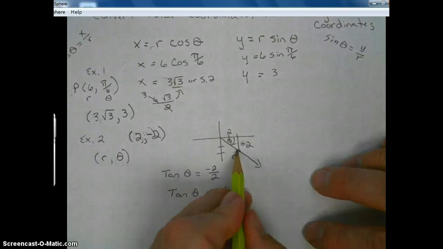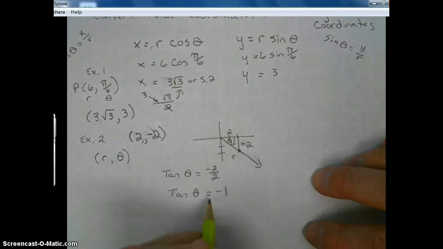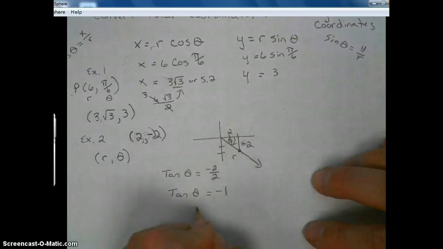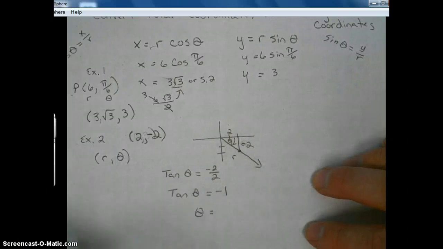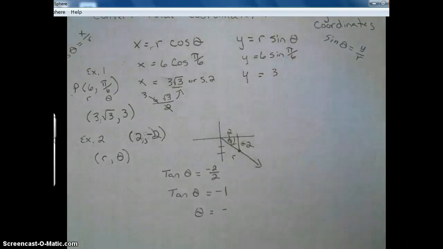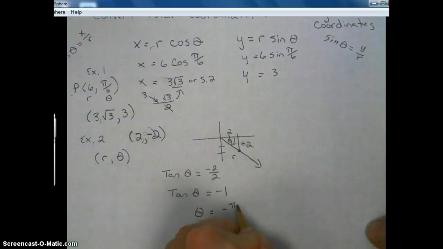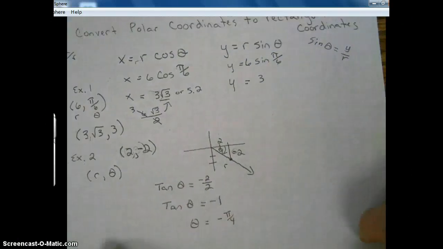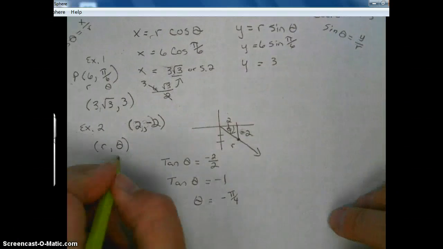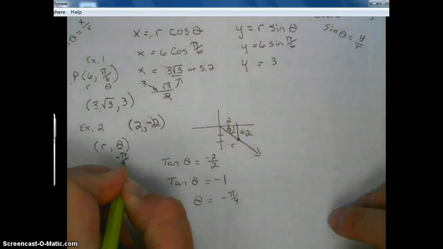And we're in the 4th quadrant. If you look on your unit circle, theta is going to be negative pi over 4. So we have just found theta.